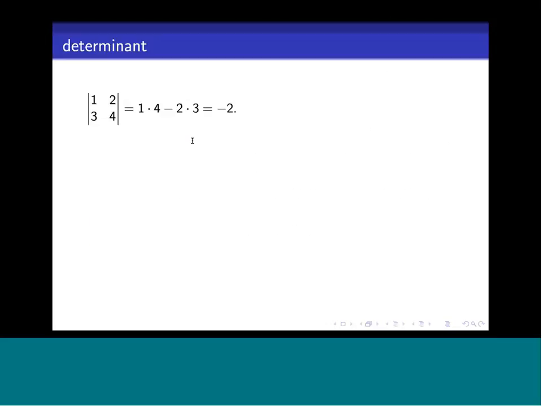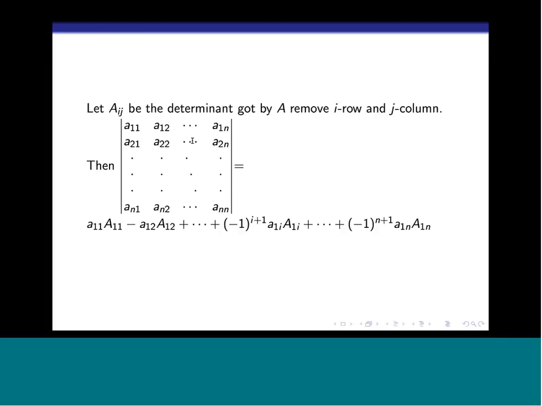The next thing is called the determinant. The 2 by 2 determinant is always defined that way. For higher dimensions, the determinant is defined by the lower dimension.